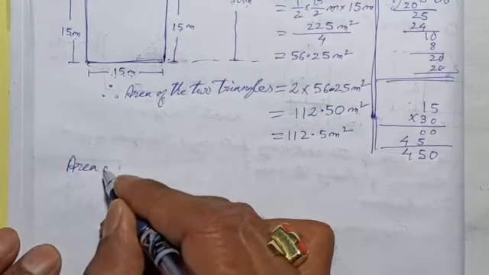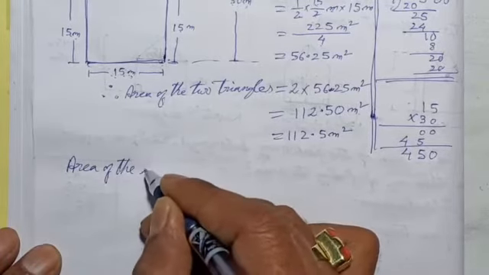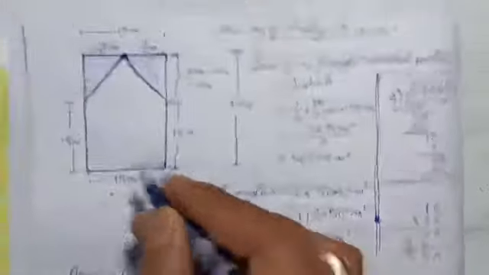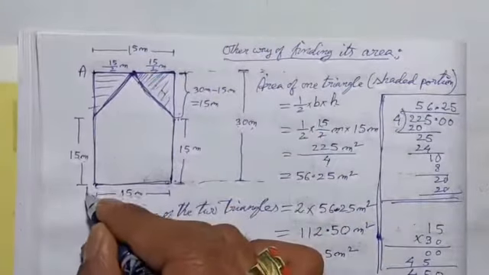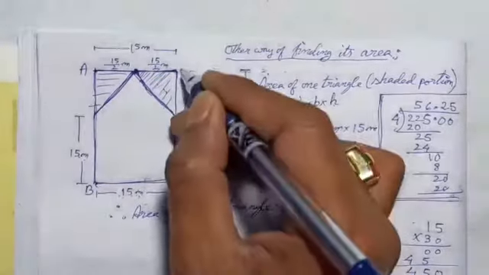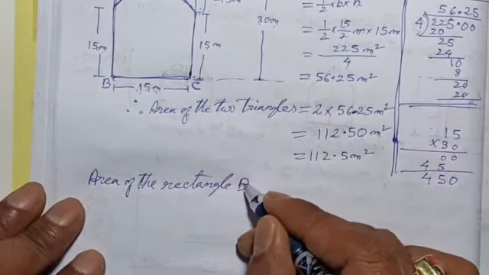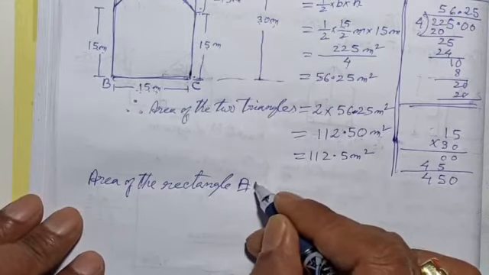Area of the rectangle, let's name this as A, B, C, D. Area of the rectangle ABCD.